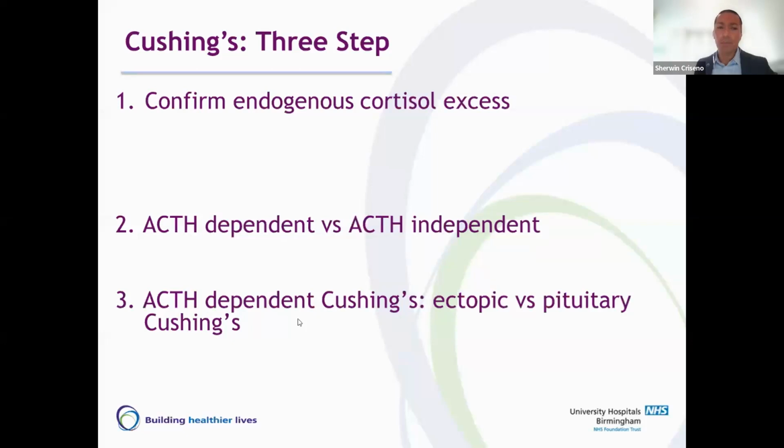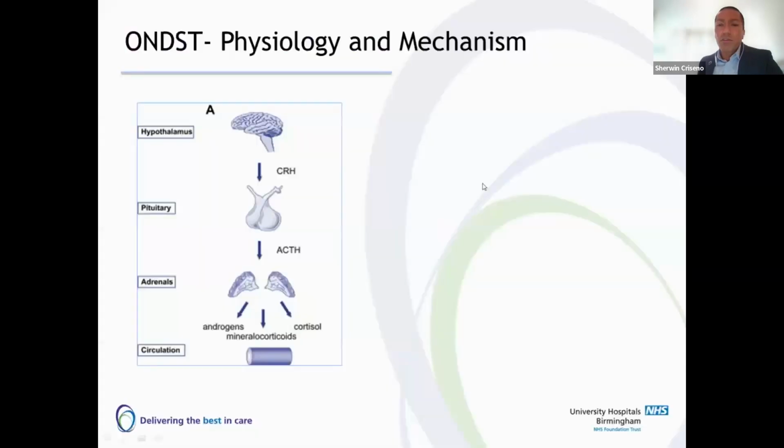Professor Karavitaki has mentioned the different tests, including the overnight dexamethasone suppression test, and I'm sure most nurses here are aware of how to do it. We give 1 milligram of dexamethasone to the patient. How does this work? Let's look at the negative feedback relating to cortisol production.